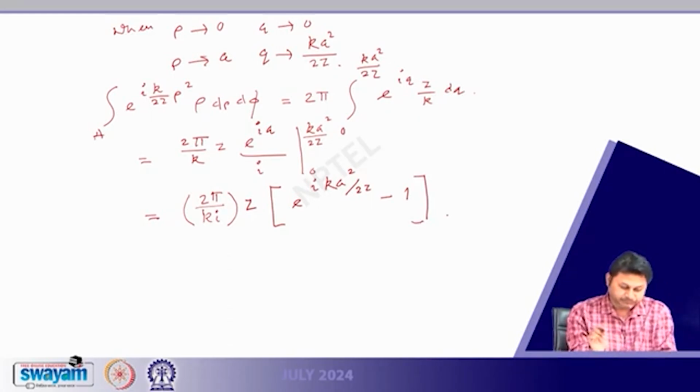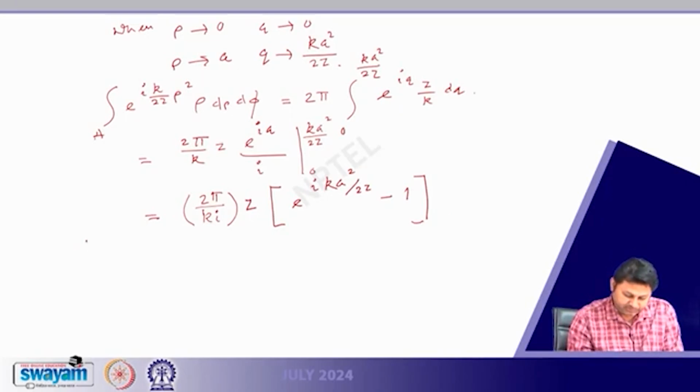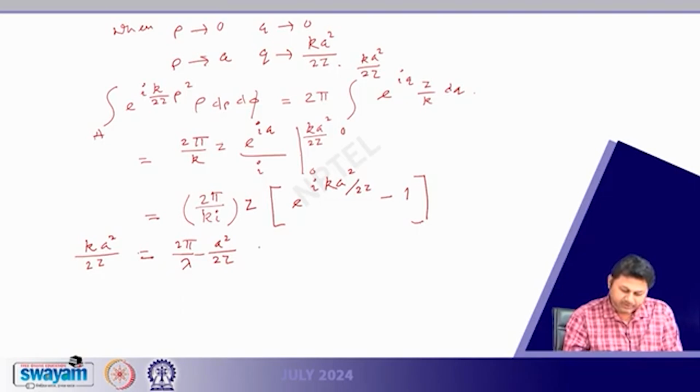So k a square by 2z is essentially, k is 2 pi divided by lambda, and then we have a square divided by 2z.